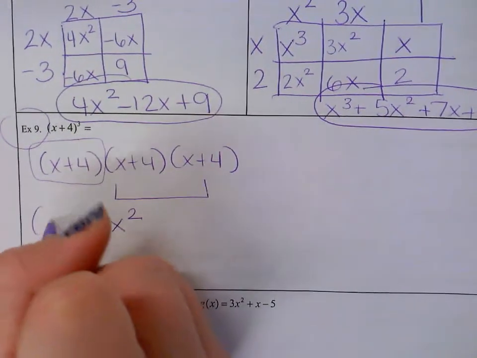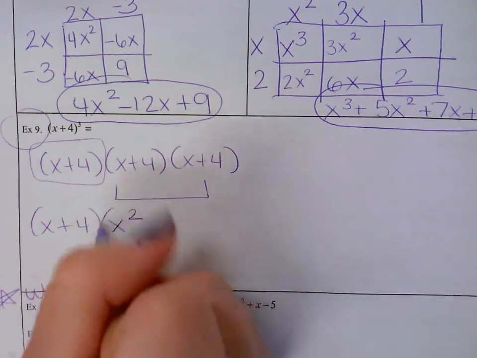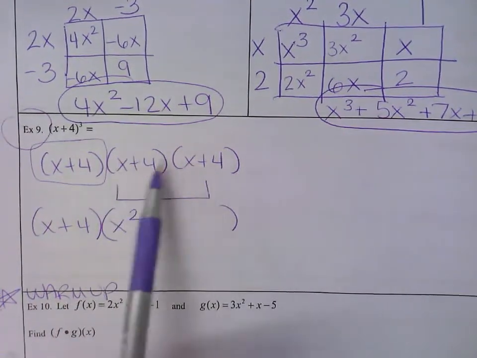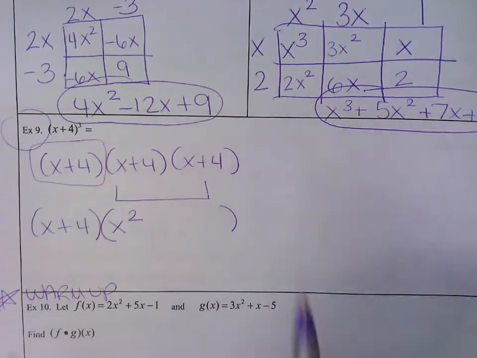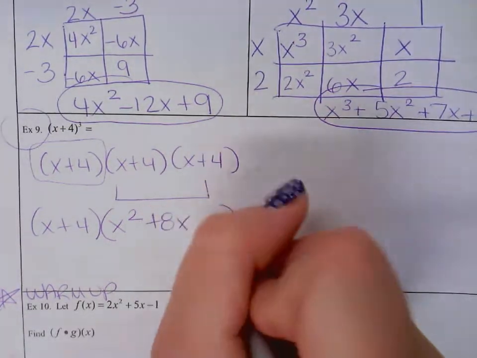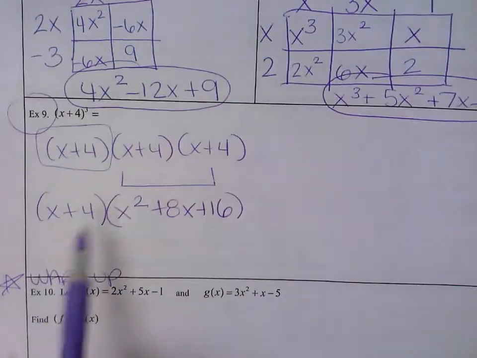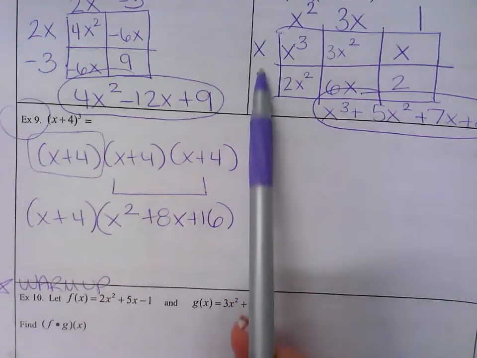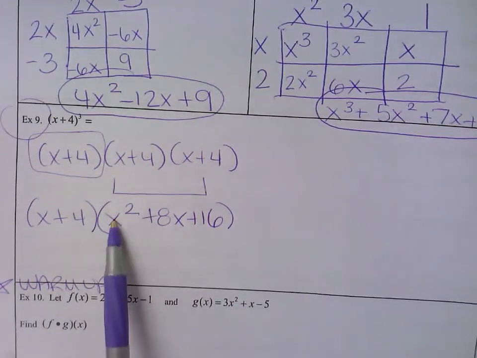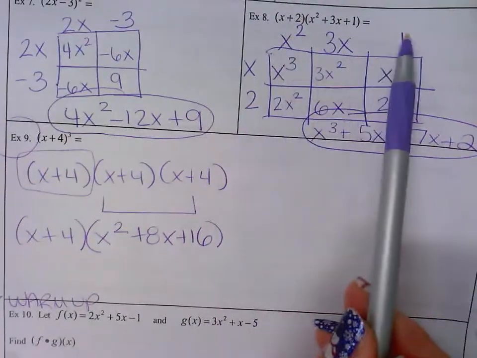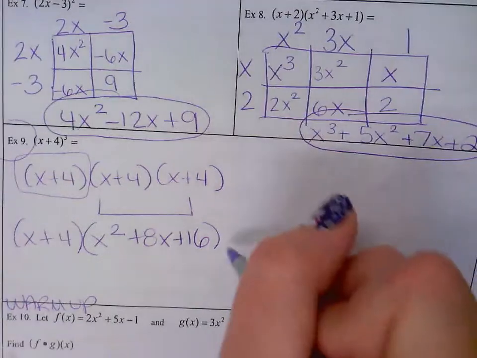Do you see how my outer and my inner term would be 4x if I had done the box? So 4x plus 4x is 8x, and then 4 times 4 is 16. So you have x plus 4 that you're going to put down the side of your box, and then you have this x squared plus 8x plus 16 to put across the top of your box, like in example 8.